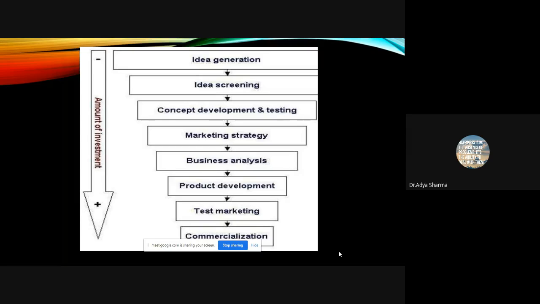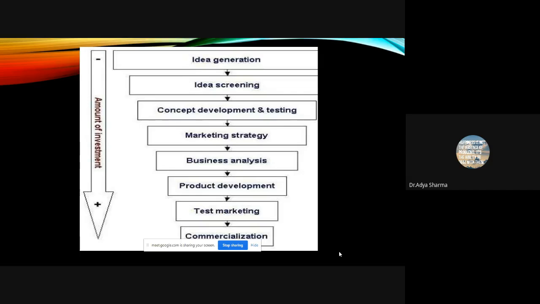Once you have your marketing strategy ready, it's then that we go ahead with our business analysis. Now we are talking about money. Now we are talking about approaching the banks for loans. Now we are talking about investments, how much to invest, where to invest, and so on.